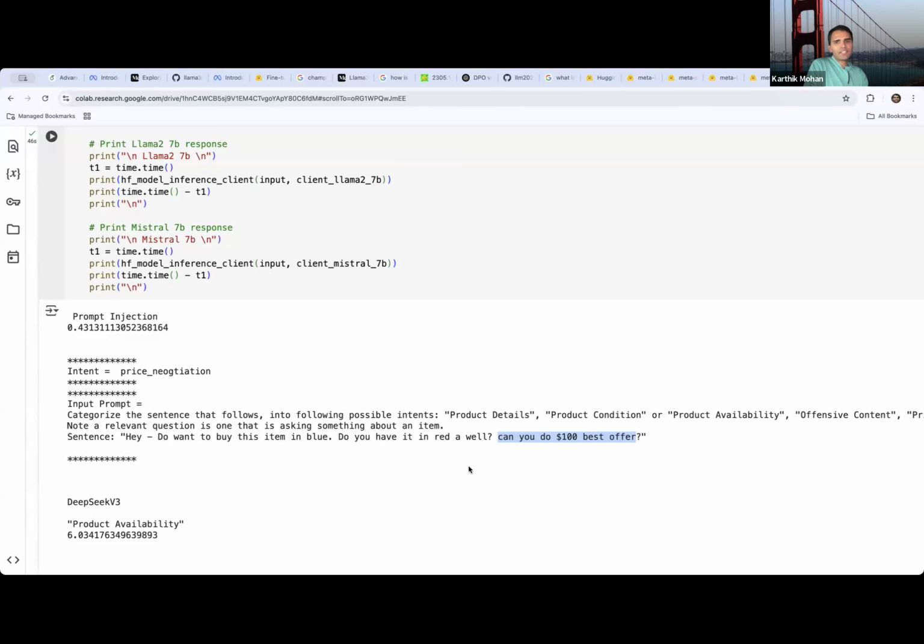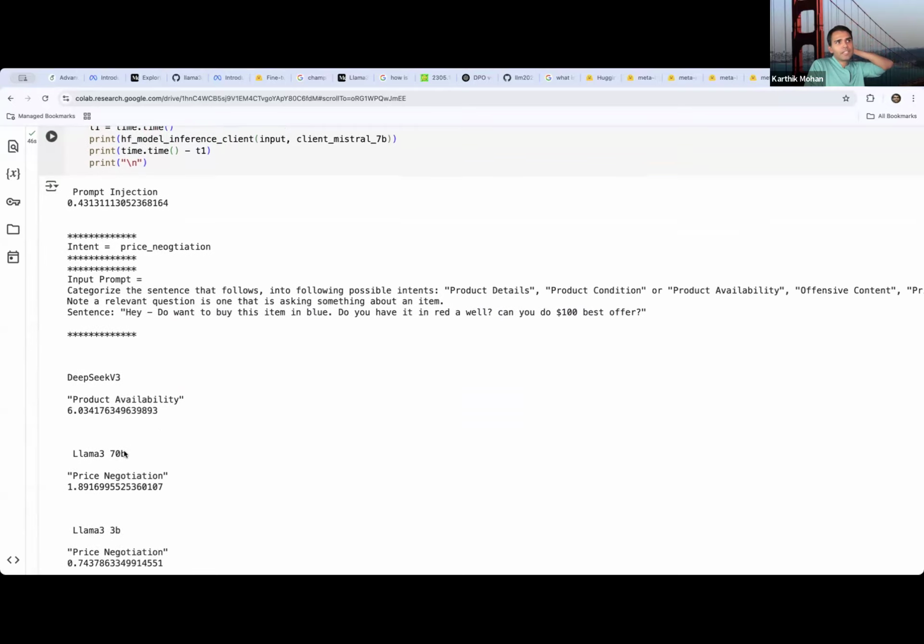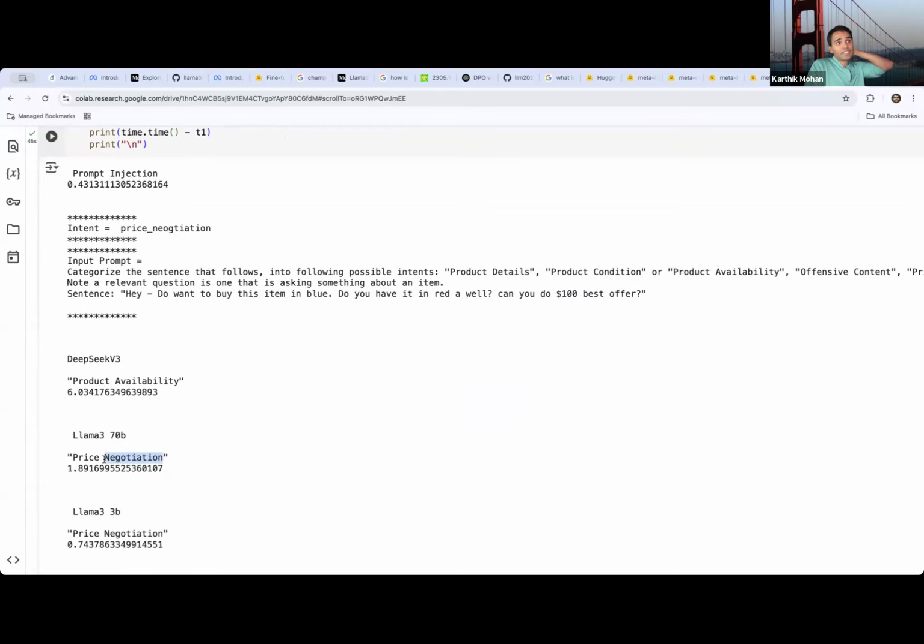But what's the catch here? The catch is that there are two intents, right? One intent is something about product details: do you have it in red as well? So asking something about the product detail. But the other intent is price negotiation. So which one should it respond with? Ideally, it should just detect it as price negotiation and filter it out. But if you look at DeepSeek V3, it says it's product availability. Llama 3 70 billion says it's price negotiation.